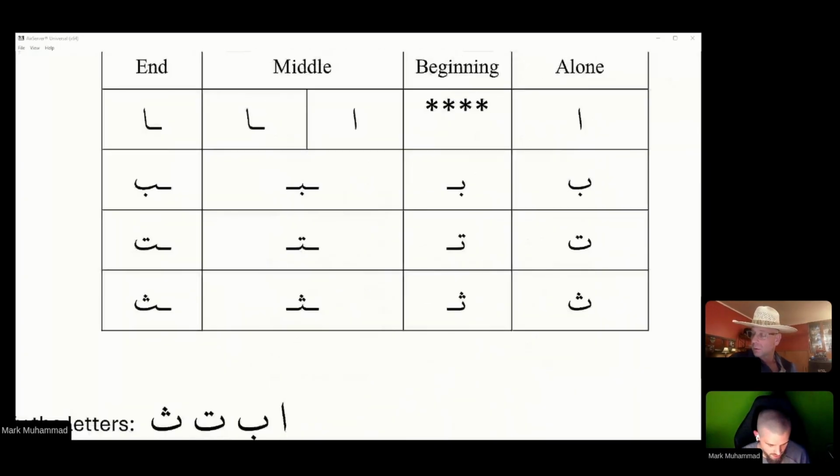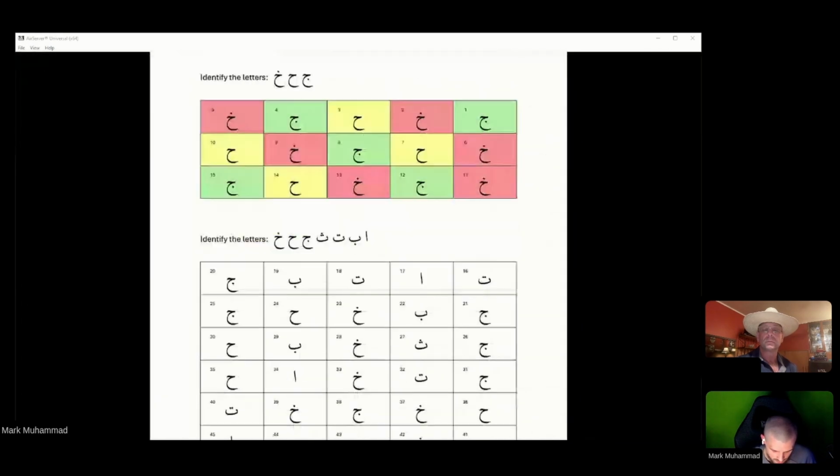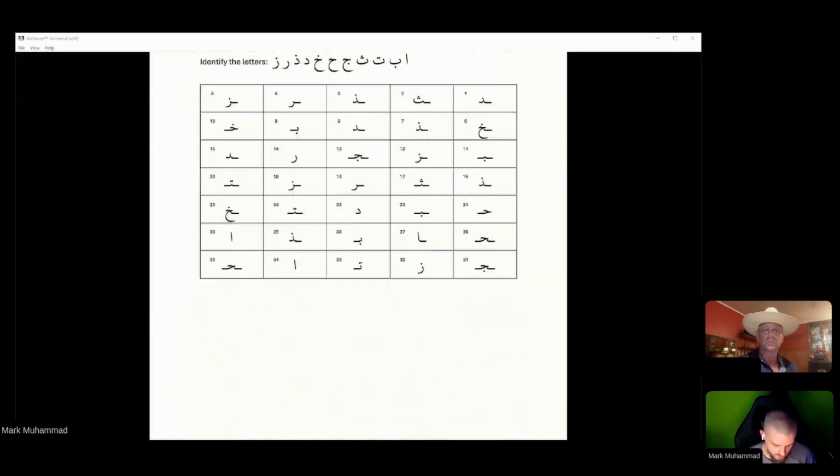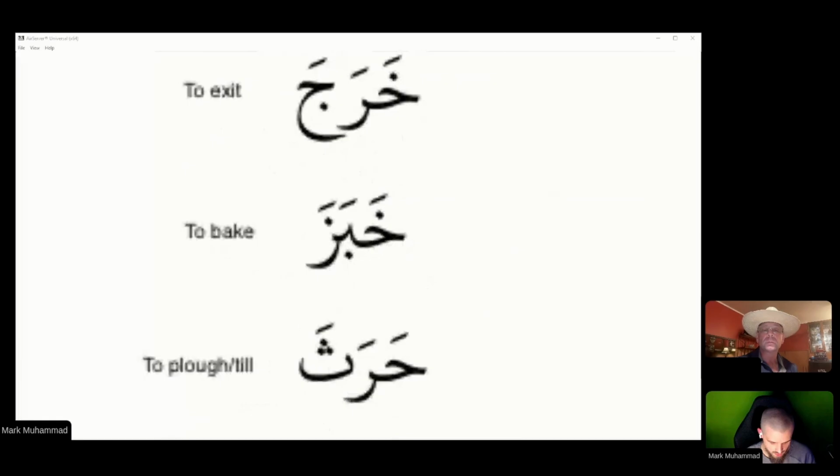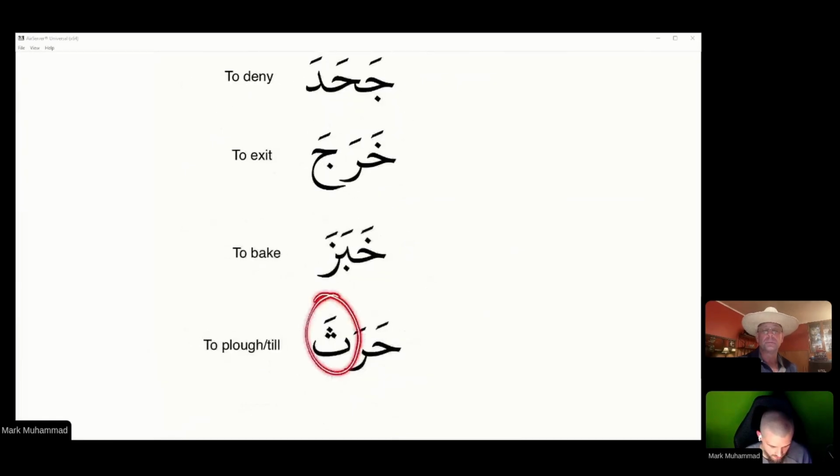We said that a tha at the end would look like this, and if it wasn't at the end, it could look like this. But this is an example where it completely looks like its original form, even though it is within a word and at the end of the word.